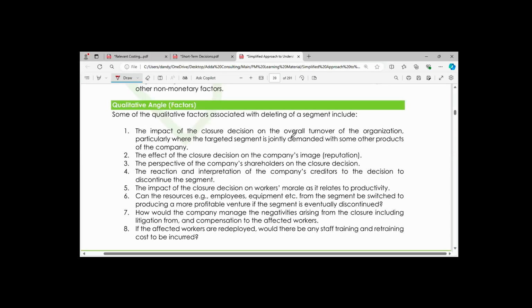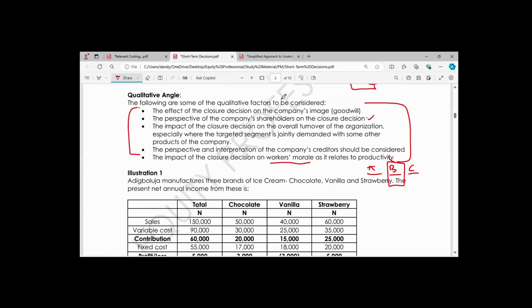Another factor is that instead of outright retrenchment of the affected workers, is it possible to redeploy them? Or would there be any staff training or retraining costs that the company will incur as a result? Like I mentioned the other time, you have products A, B, C. Now that you want to discontinue producing product B, you have product A and C. So the workers currently operating on product B, do you need to redeploy them?